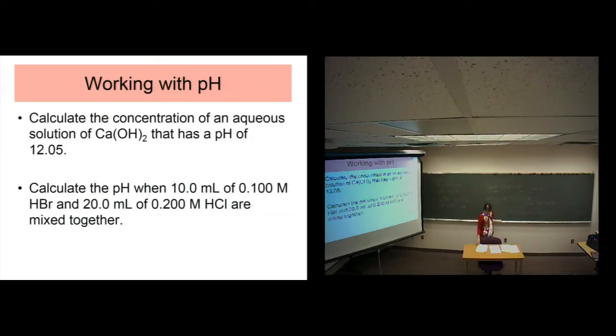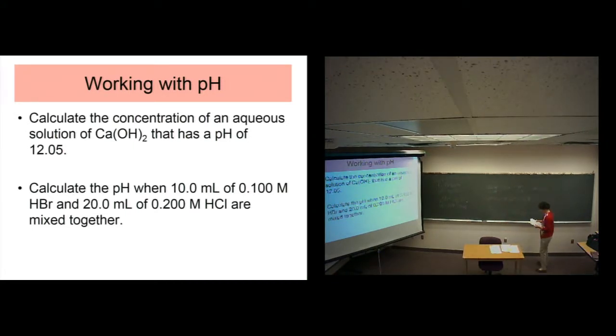Okay, so let's put that hydroxide ion concentration up here. So the hydroxide ion concentration you found was what? 0.0112, something like that. That's the hydroxide ion concentration, isn't it? Now, what do we want?